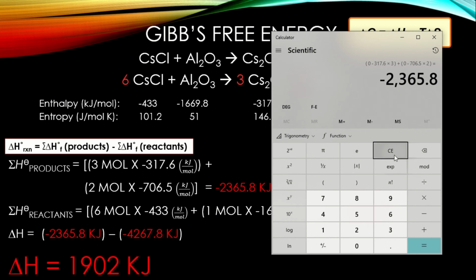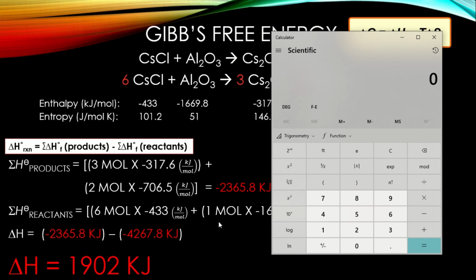Next, for the reactant. This is our reactant. So, 6 here, because 6 is our coefficient. Next, the value for cesium chloride, its enthalpy value is negative 433. Next, the other substance is aluminum oxide. There is no value written here, but since there is no coefficient written, it will be considered as 1.